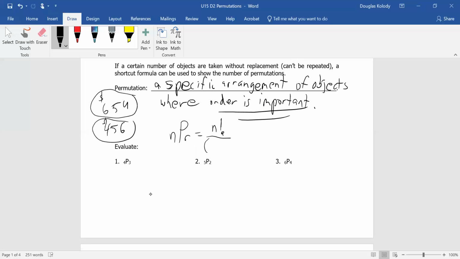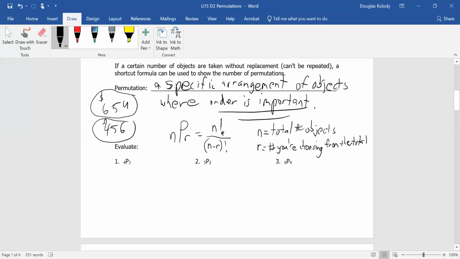Okay, divided by (n minus r) factorial, where n represents the total number of objects, and then r represents the number that you're choosing from the total.